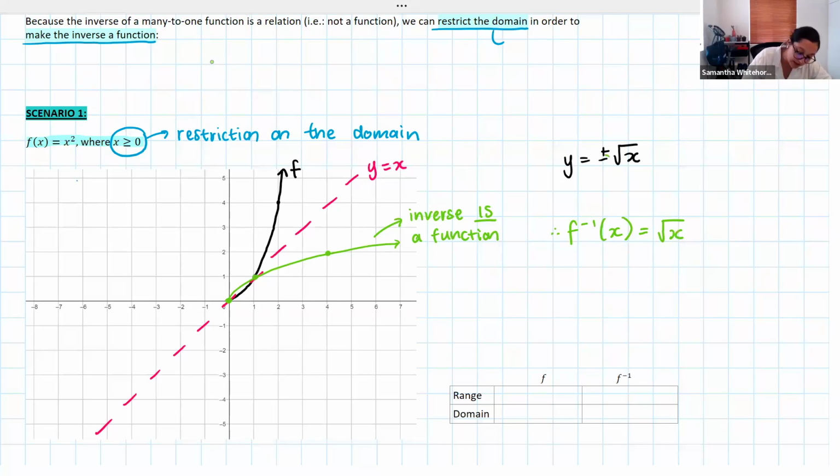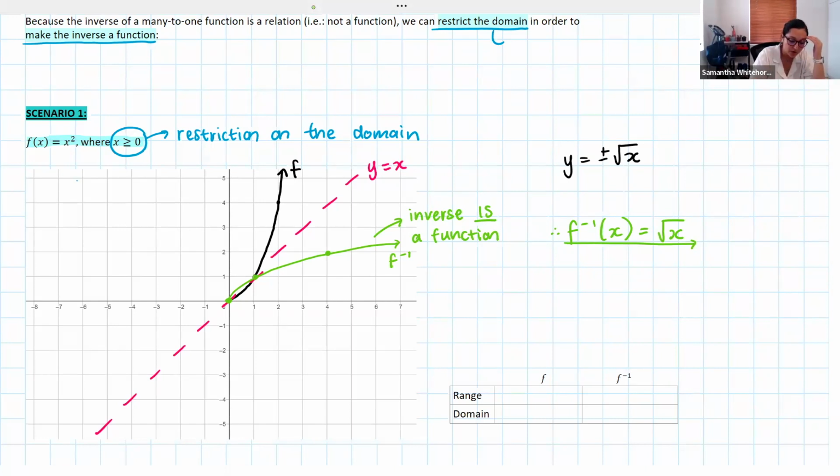If I was looking at negative square root x, all my y values would be negative because that's a coefficient to the square root. I'm looking for where all of my y values are positive. And so this is the equation of my inverse function, f to the negative 1. I've created an inverse that is a function through restricting my domain.